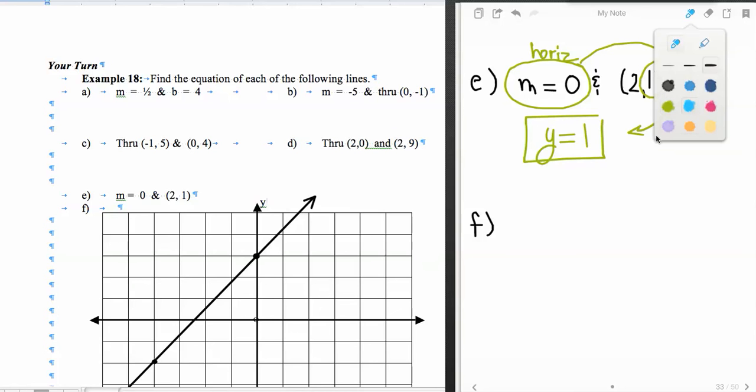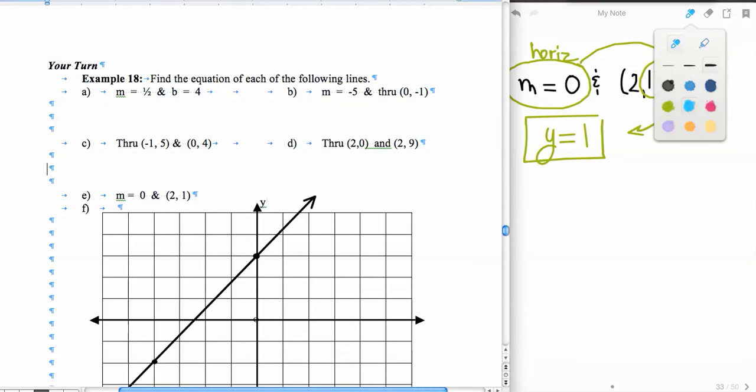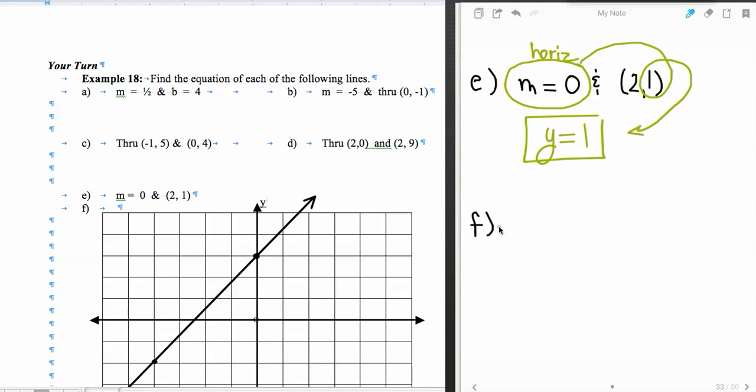All right, next we have this visual one. So we're going to use our points here and here to find the slope. So my slope, remember, is rise over run. So to get from this point to this point, I'm going to rise a -1, 2, 3, 4, 5. So that's a -5. And then I'm going to go back 1, 2, 3, and 4.